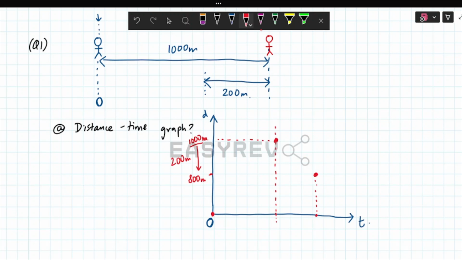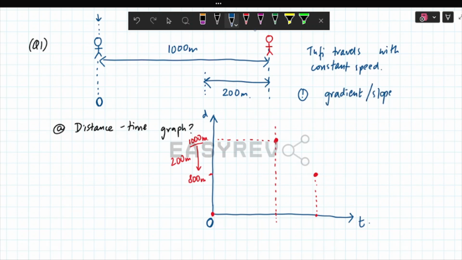Now how do I connect them? Do I connect them in a curved fashion or in a straight line? Well, for the sake of brevity, suppose that Tufi travels with constant speed in both cases, going forwards and backwards. Here we'll recall that on a distance time graph, the gradient or the slope represents speed.